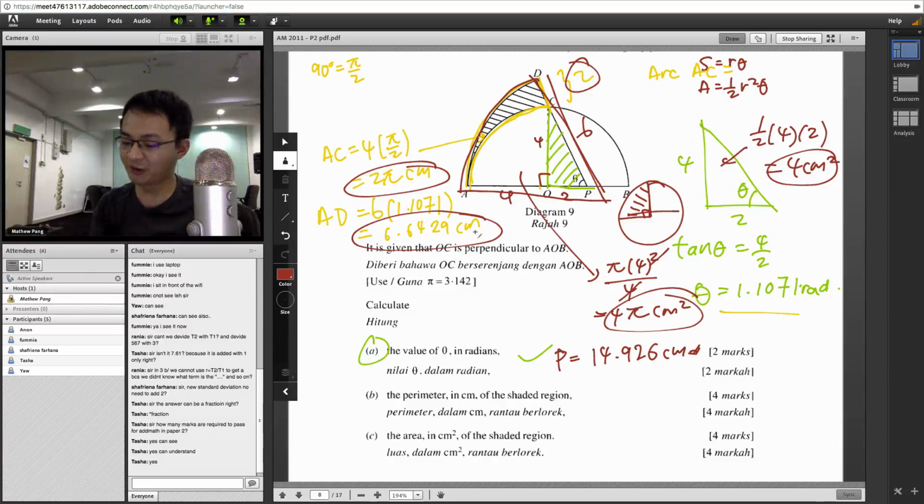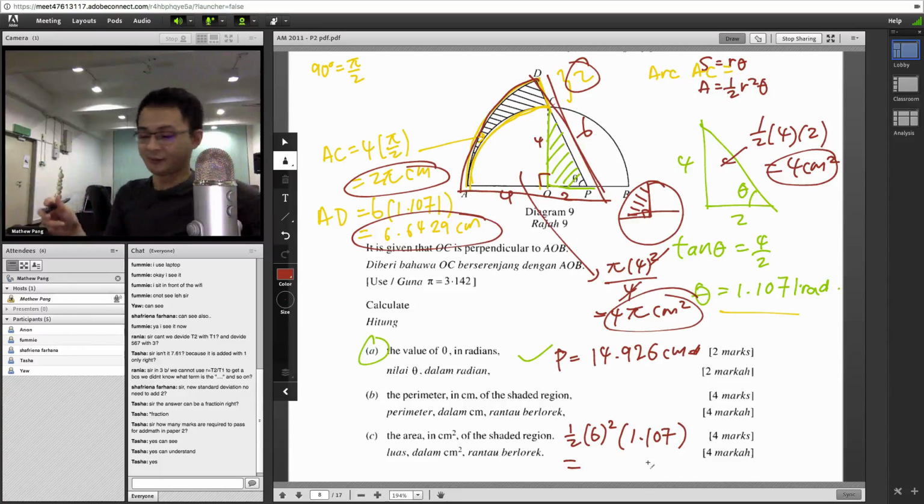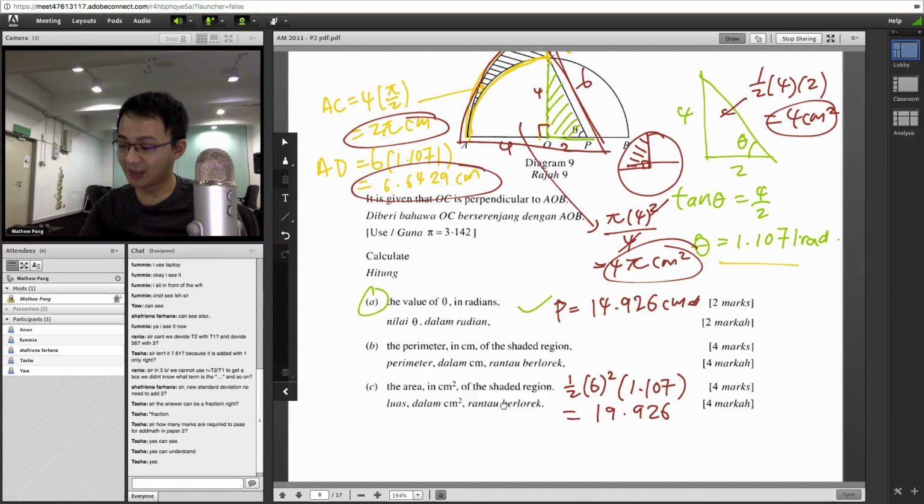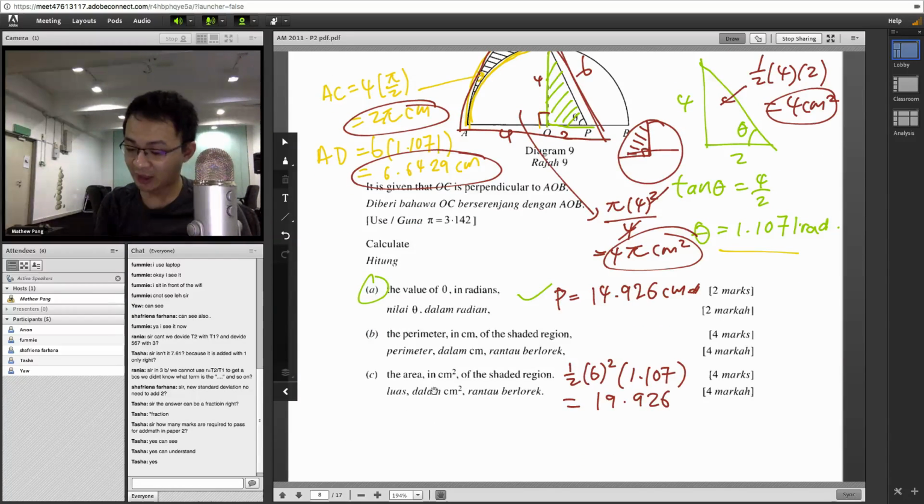Now I want to get the area of the whole sector. The whole sector will be half r squared theta, which is half times 6 squared times theta. Theta is the angle, 1.107. This is the big sector, so it's 36 divided by 2 multiplied by 1.107, which gives 19.926. I use this to minus the parts I already found.